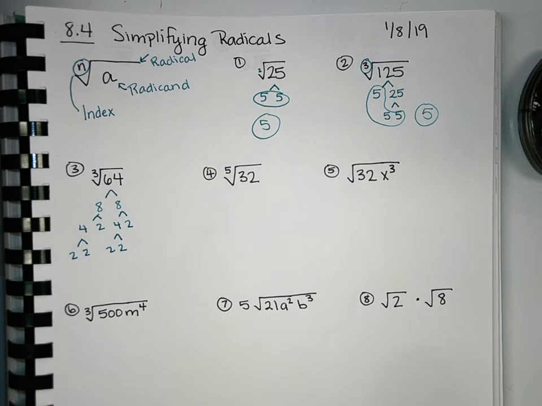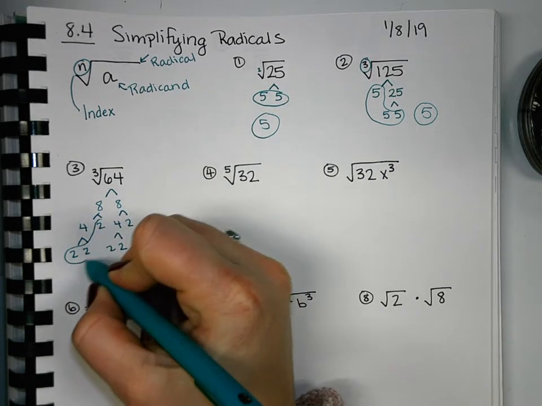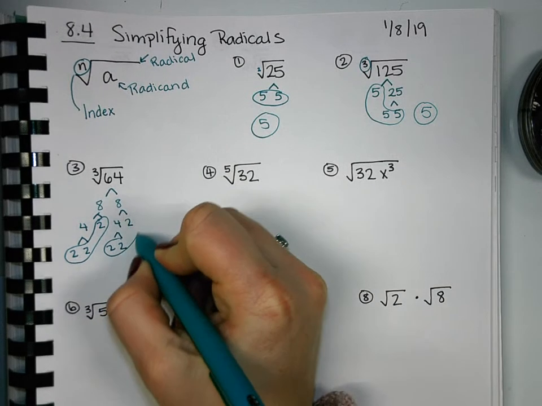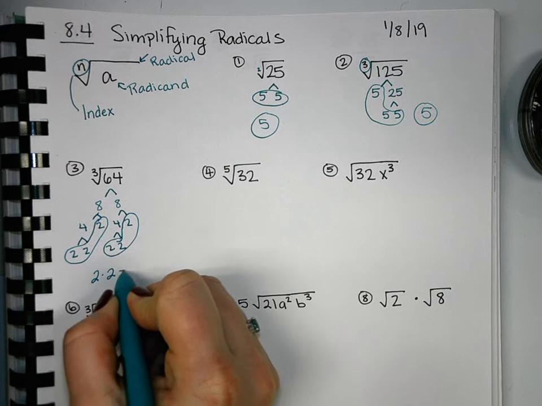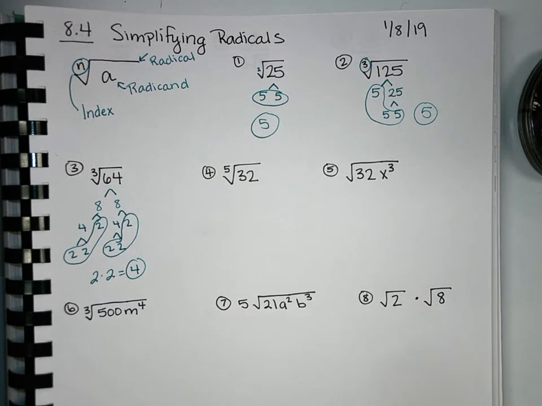So from the bottom of my tree, do I have any groups of 3 numbers? We have 2 groups of 3. I have this group right here, and I have this group right here. So that means I can bring out a 2 for each group, so my cubed root is 4.